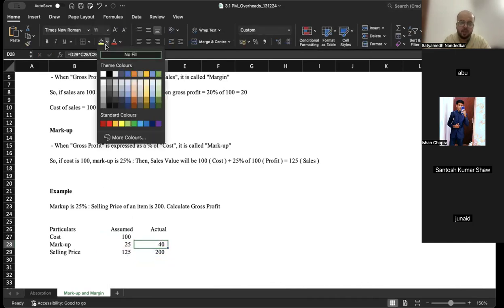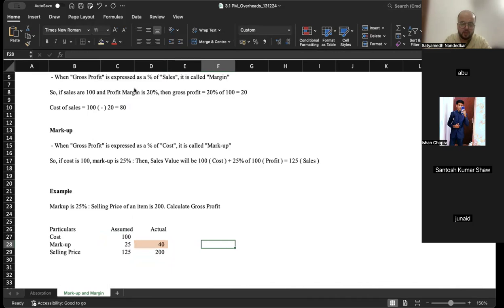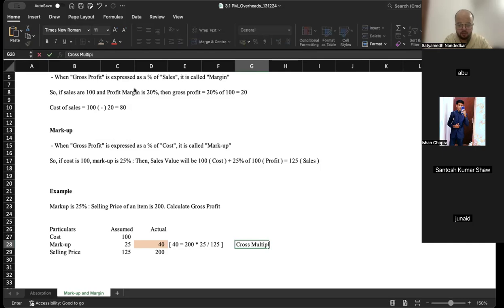This is my cross multiplication. So I'm going to write 40 equal to 200 into 25 upon 125. And now I can of course calculate cost, 160. See, 40 is 25% of 160, so it fits in.